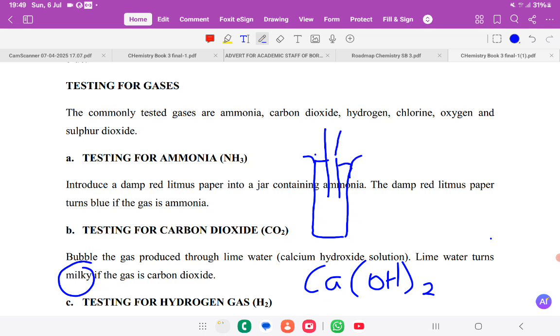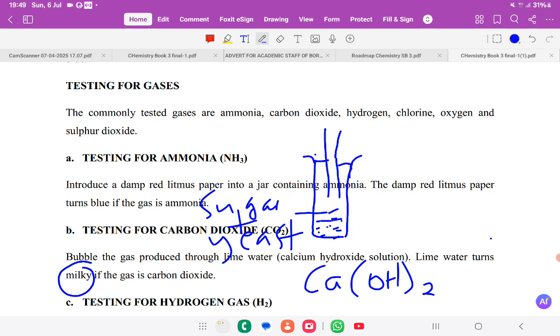Let's suppose you place sugar solution and yeast. There is a reaction called fermentation which is going to take place. So this is a mixture of sugar solution and yeast.